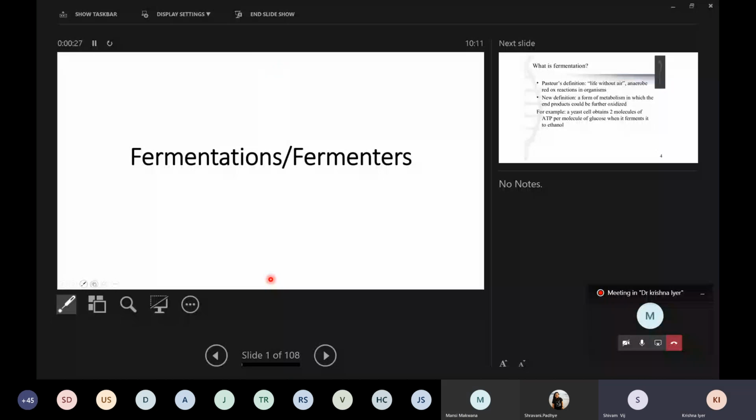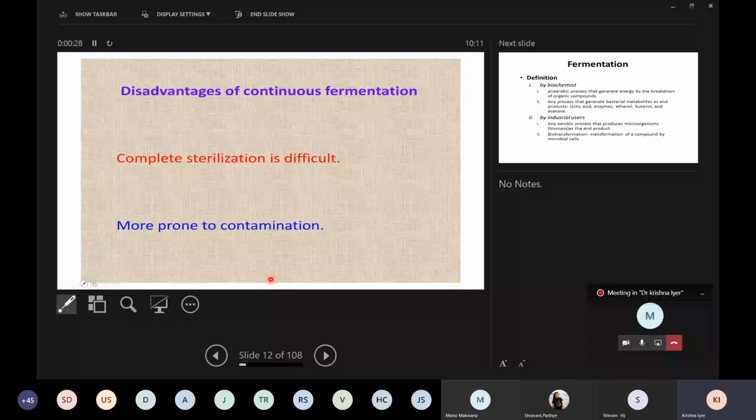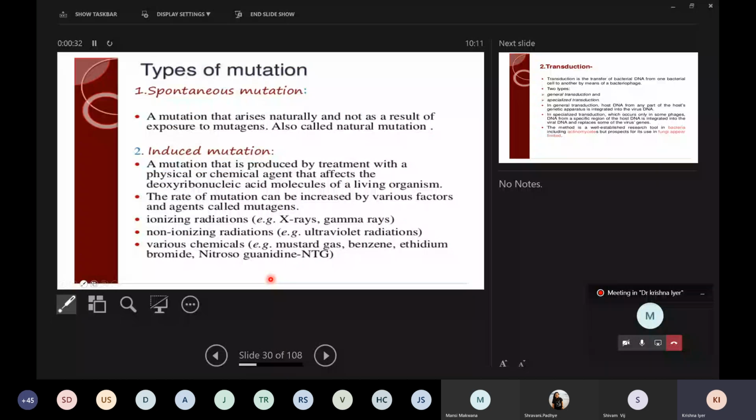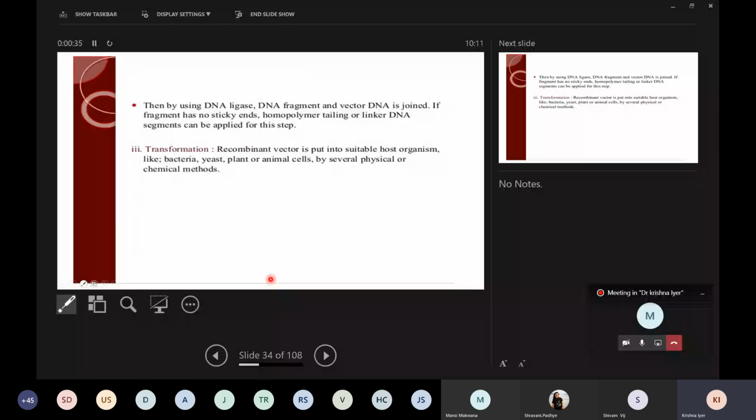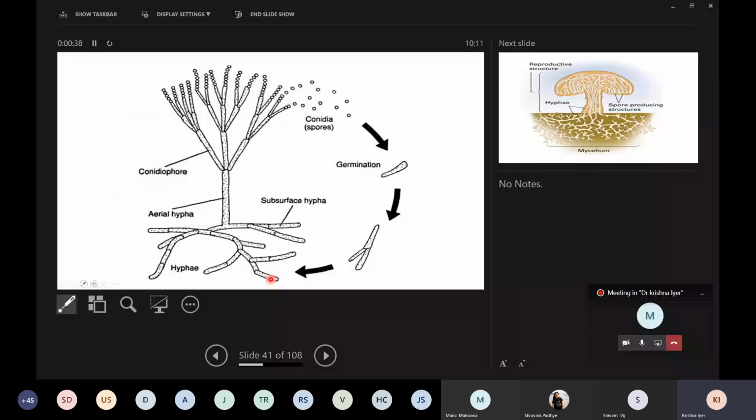Let me just quickly go to the point where we stopped last time. I think last time we were talking about the factors that we have to keep in mind when we are trying to optimize the fermentation process or optimize the design of the fermenter itself.